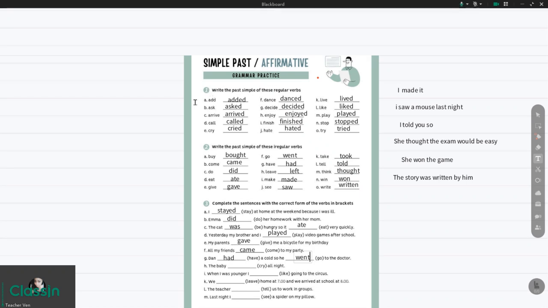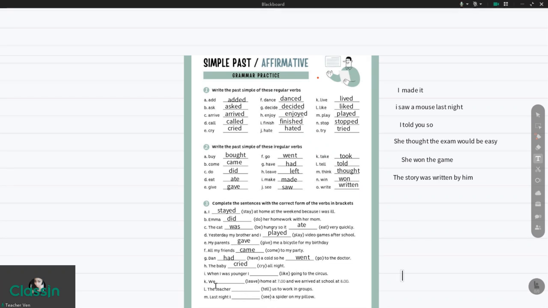In our exercise number 1, cry becomes cried, right? Let's try putting it here. Cried. Does this look correct? Let's read. The baby cried all night. Perfect, right? Sounds correct, right? Okay, moving on.